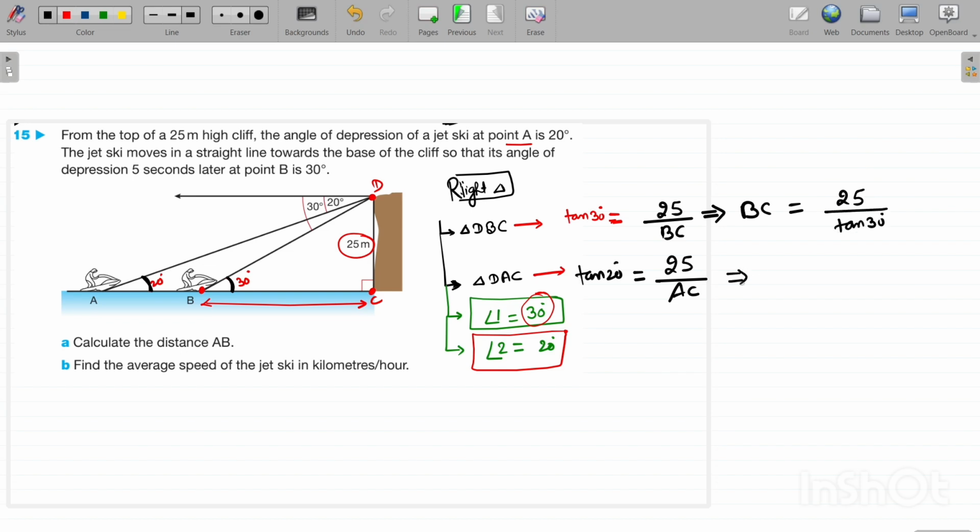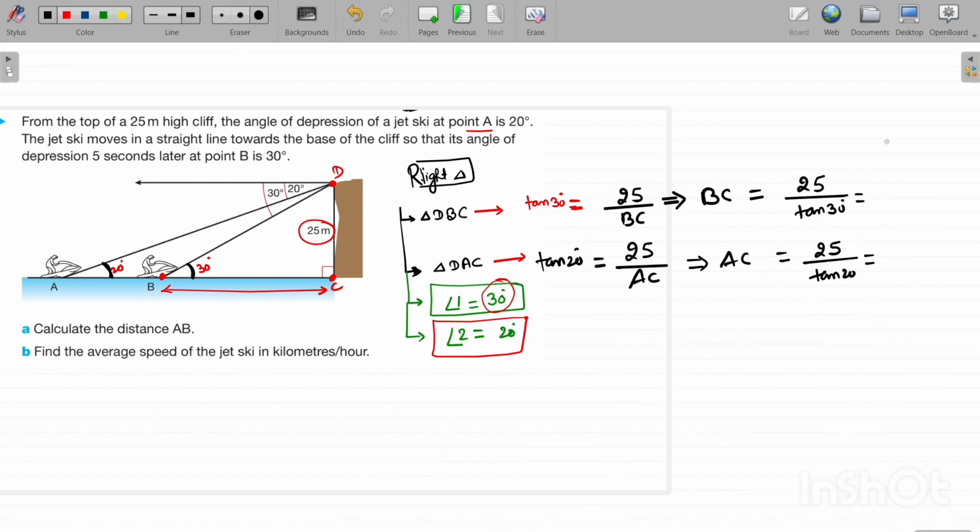Princess, can you find your AC? AC should be equal to 25 upon tan 20. Please calculate. You want to say 43.3 for BC. Yes, 43.3. Let me write 43.3. Yes, Princess, what should be AC? I got 69.44. Okay.